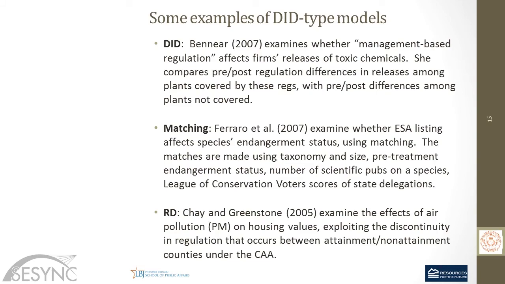The one that I'll talk about here is a matching paper. This was the Endangered Species Act paper, the heuristic that I was using at the beginning of this discussion, where he asks, what's the impact of ESA listing on species endangerment status, using a particular measure of endangerment status? And he uses matches, right? So how does he come up with this control group, this created counterfactual?